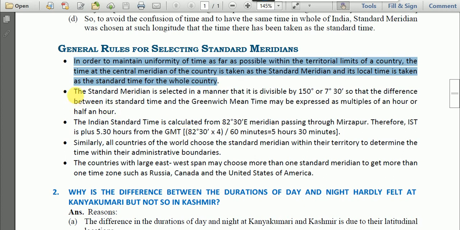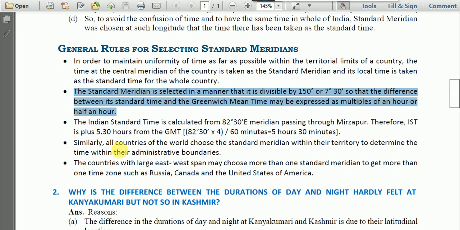Then the second rule is that the standard meridian is selected in a manner that it is divisible by 15 degree or 7 degree 30 minutes, so that the difference between its standard time and Greenwich Mean Time may be expressed as multiples of an hour or half an hour.